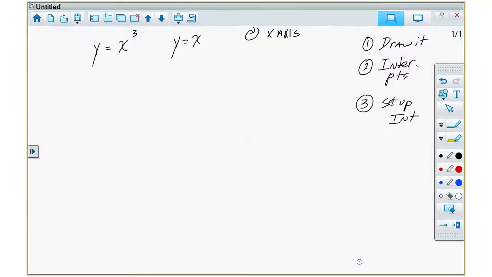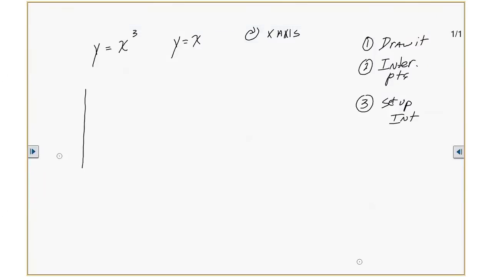So when you graph these guys, they'll look something like this.